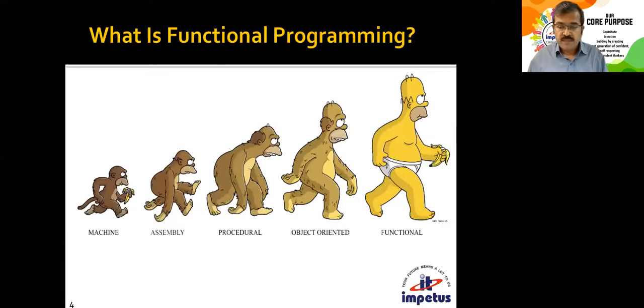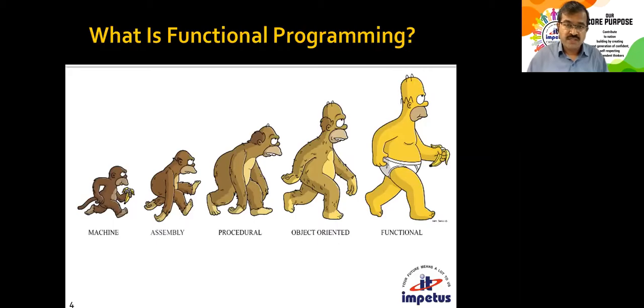So we talked about the evolution of languages, or the evolution of programming paradigms, the way we started. Earlier, we used to write machine level code where everything was in zeros and ones, which were very difficult for anybody to understand. If you write something in zeros and ones, you need to be very good in electronics and then possibly in programming as well.